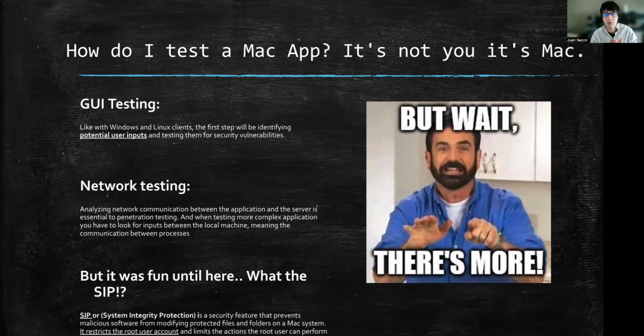How limited? Well, System Integrity Protection comprises several mechanisms, including, and these are the limitations, and these are not all the limitations, but these are the most important ones for us, at least as pen testers.